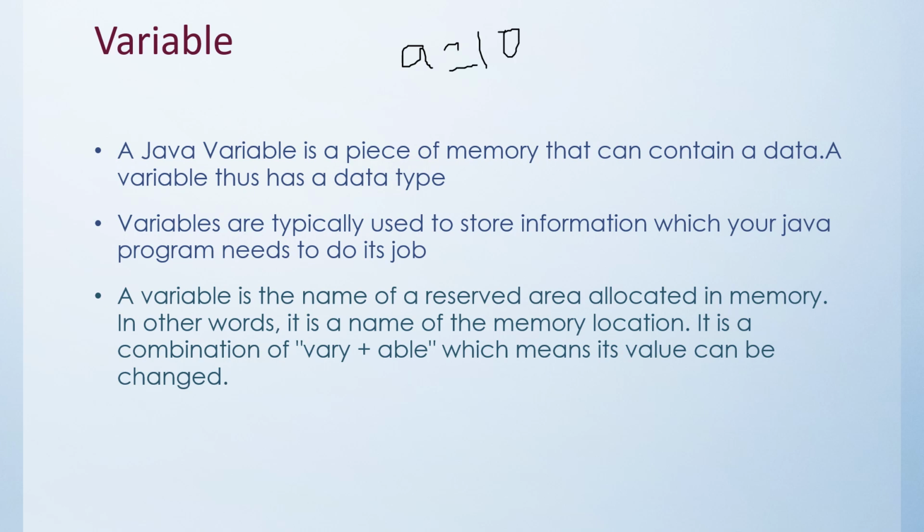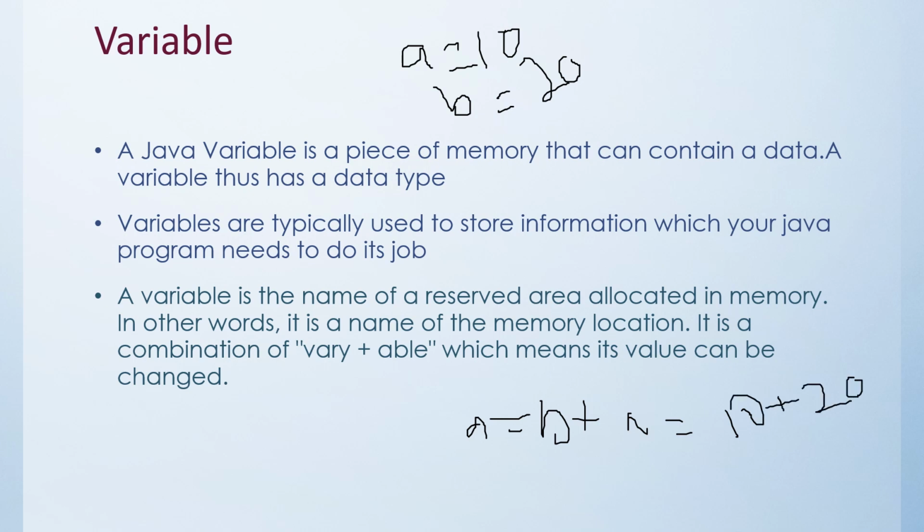If b is equal to 20, then a variable is storing the value 10 and b is storing the value 20. If a can be changed in future, like a is equal to b plus a, it is storing the value of 10 plus 20. So now a is equal to 30.